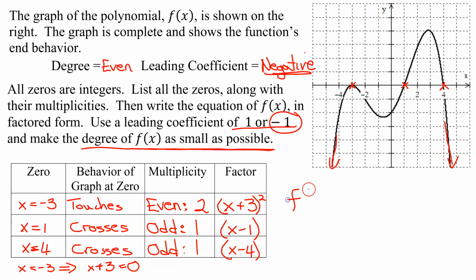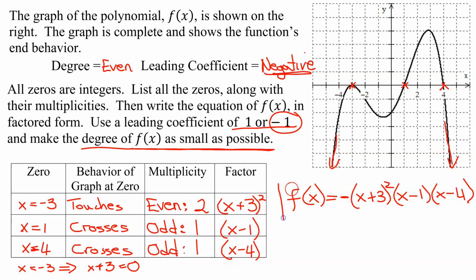So my function f of x equals -1, or just, we never write the 1, we just write negative, the quantity x plus 3 all squared times the quantity x minus 1 times the quantity x minus 4. So there is the equation of my polynomial where I'm making the degree as small as possible.